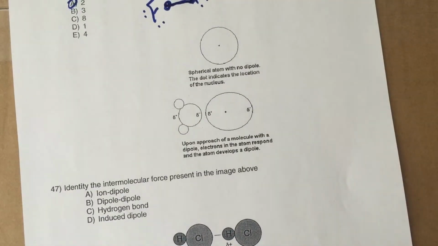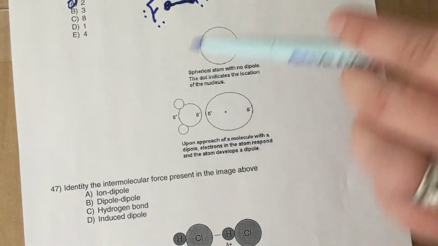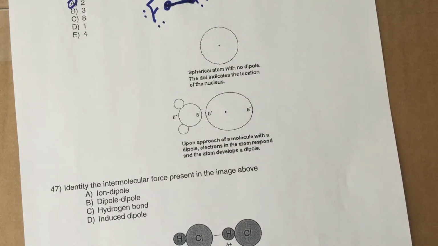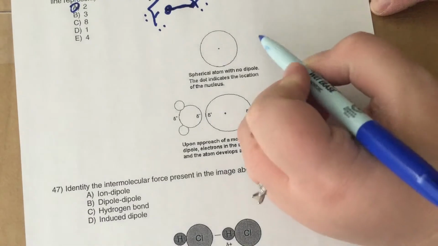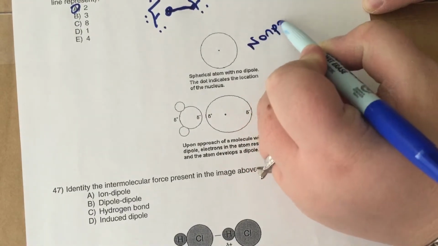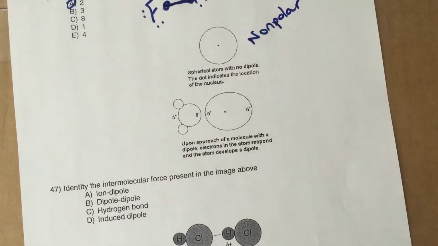All right, number 47 involves this picture up here, and we're determining the IMF, the interaction. We start off here with a nice, simple, symmetrical molecule. This is a non-polar molecule.